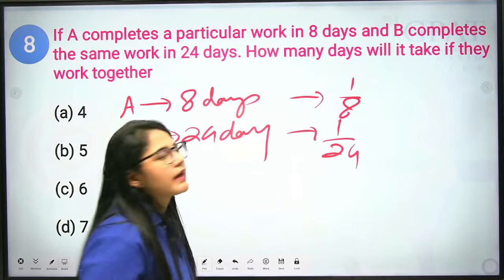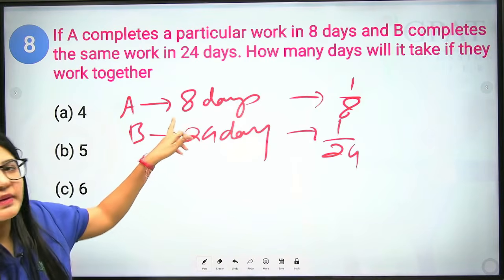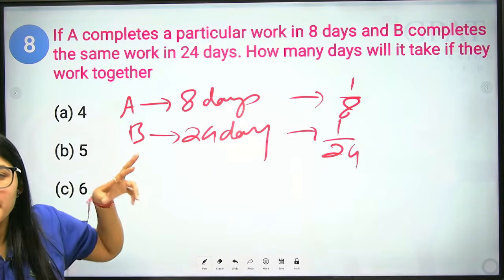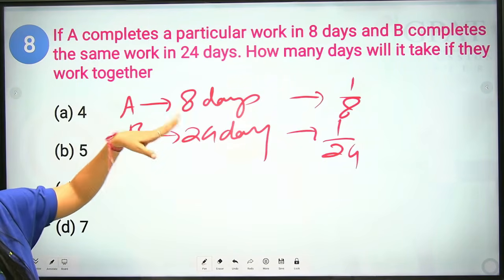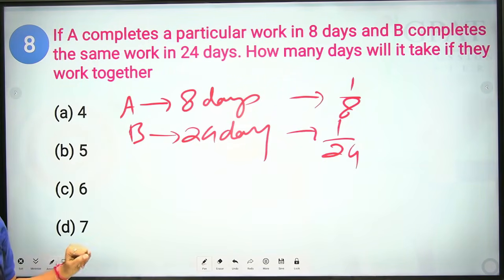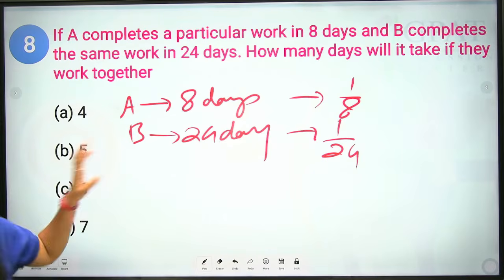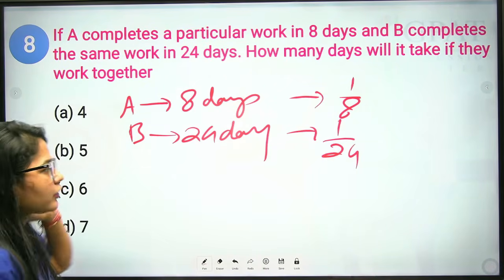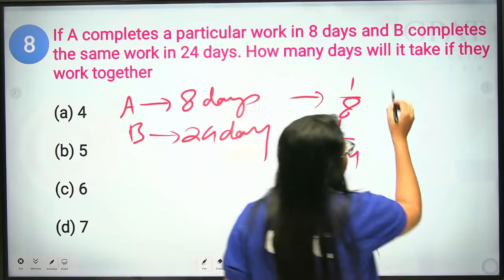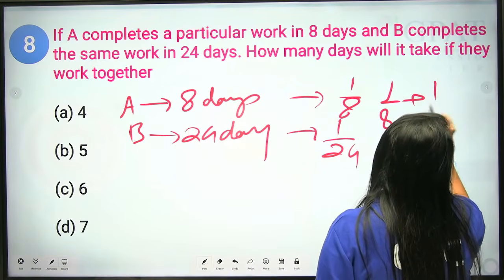So in 1 day, 1/8 part is done by A and 1/24 part is done by B. Clear? Now we need to find out how many days they will take to work together. We need to add their 1 day work, so that is 1 by 8 plus 1 by 24.